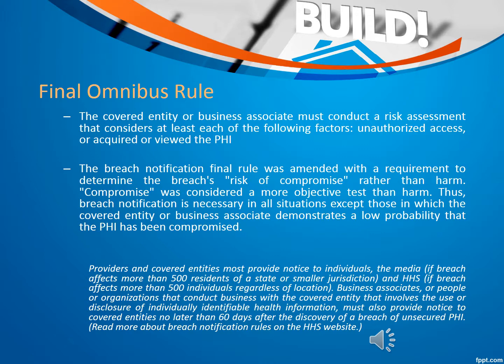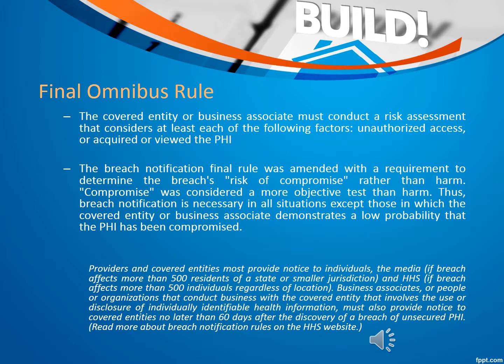The breach notification final rule was amended with a requirement to determine the breach's risk of compromise rather than harm. Compromise was considered a more objective test than harm. Thus, breach notification is necessary in all situations except those in which the covered entity or business associate demonstrates a low probability that the PHI has been compromised.